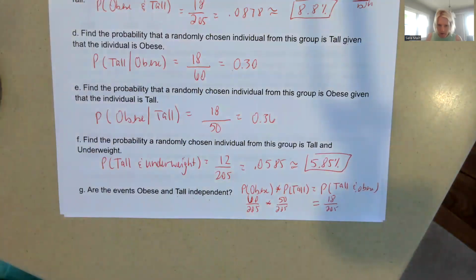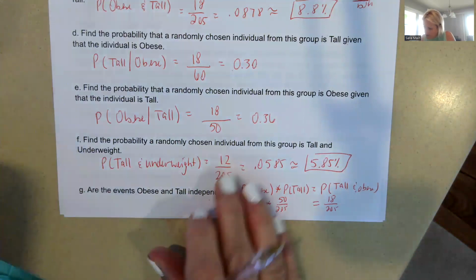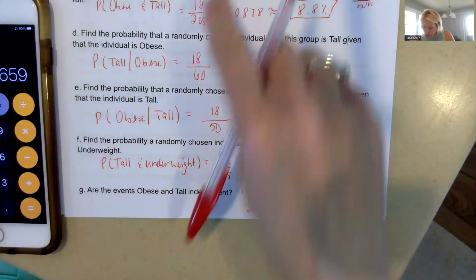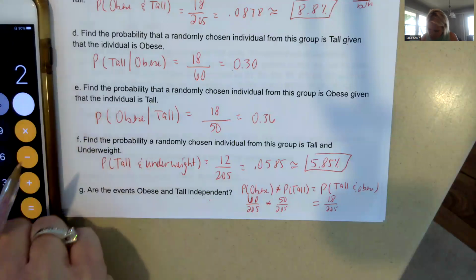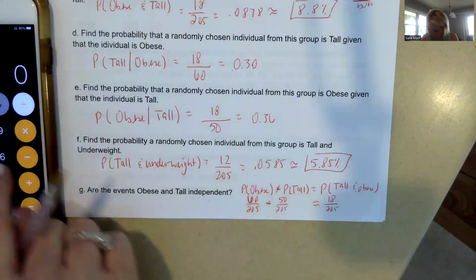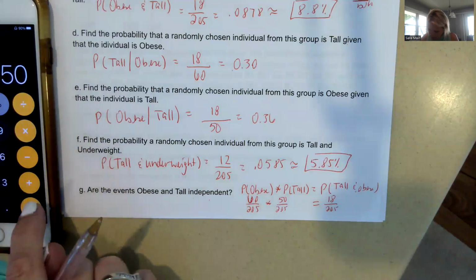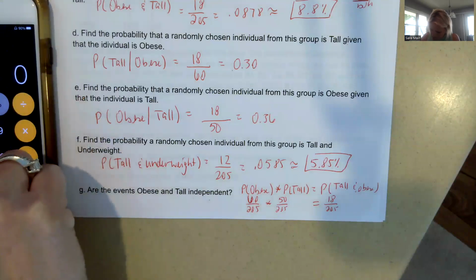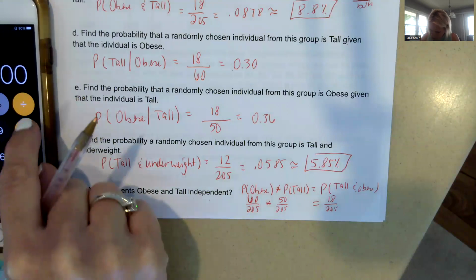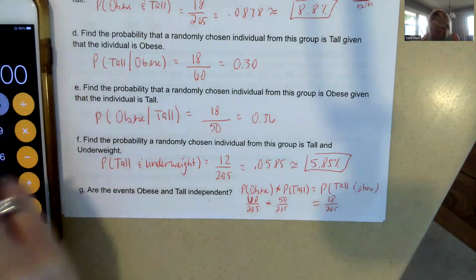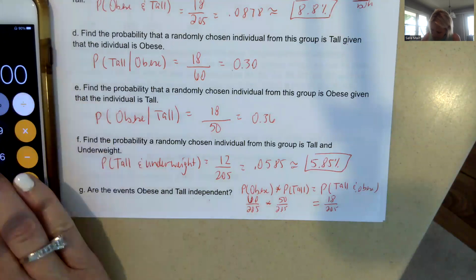So that's really multiplying. So I'm going to multiply here 60 times 50, divided by 205.